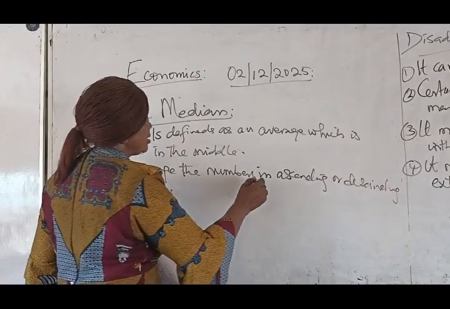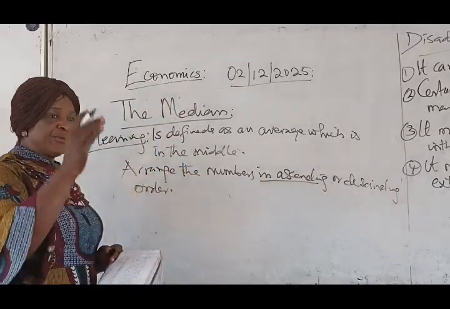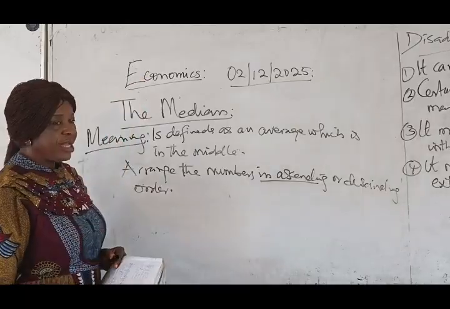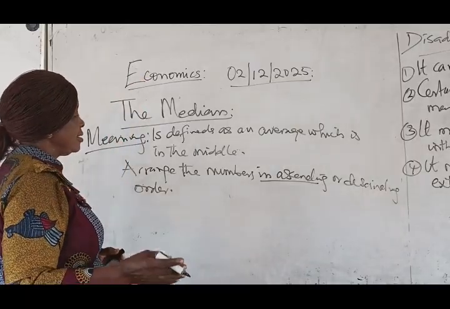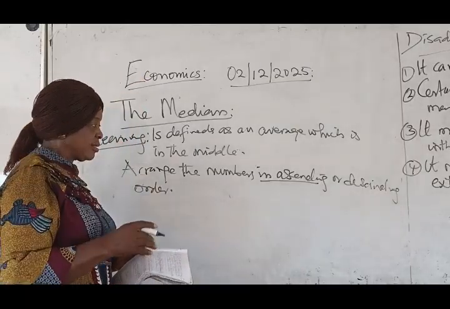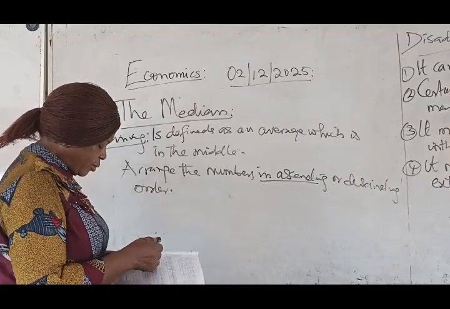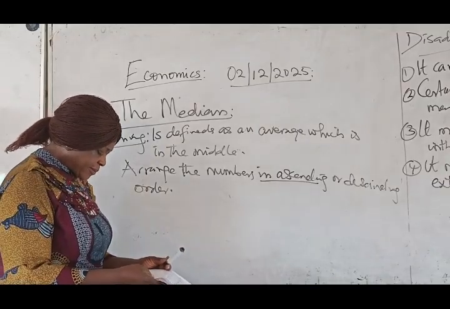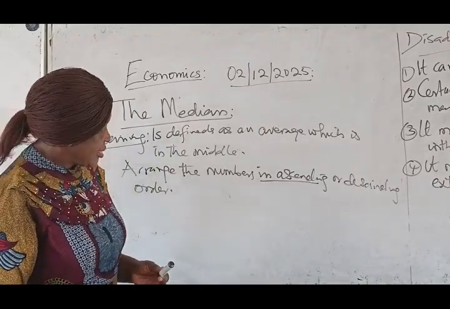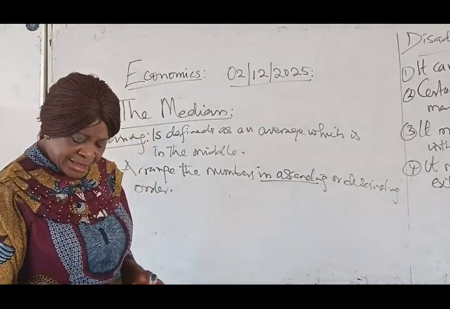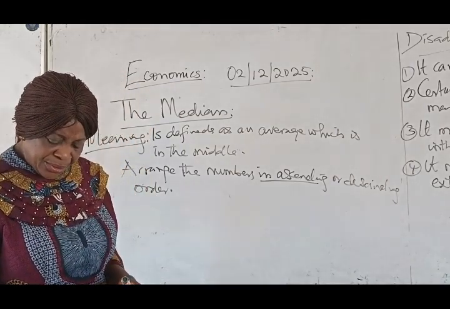Arranging the numbers in ascending order means from the smallest number to the highest number. Descending order is from the highest number to the lowest number. We call it ascending or descending magnitude.